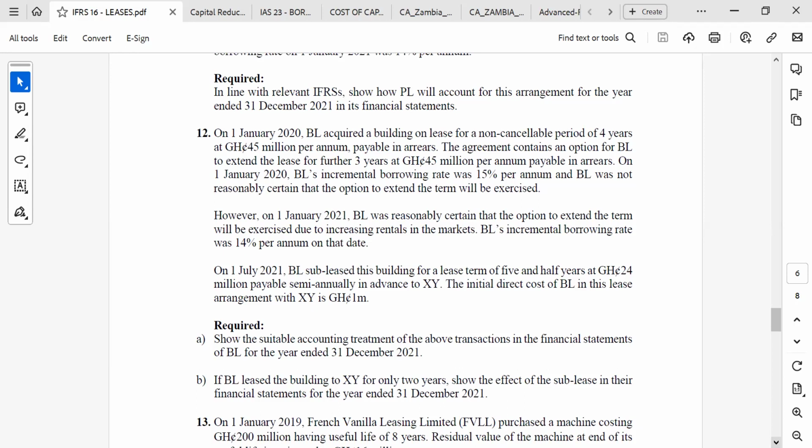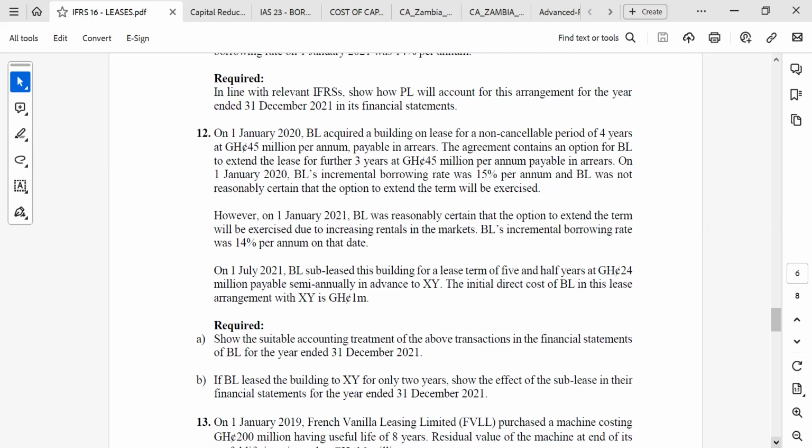The agreement contains an option for BL to extend the lease for a further 3 years at 45 million cedis per annum payable in arrears. On 1st January 2020, BL's incremental borrowing rate was 15% per annum, and BL was not reasonably certain that the option to extend the term would be exercised.